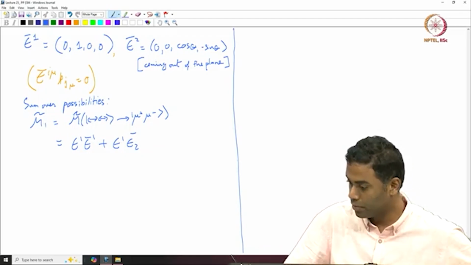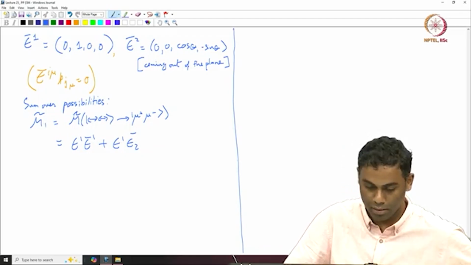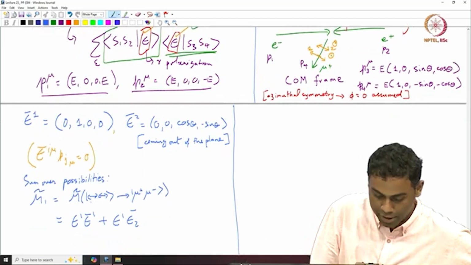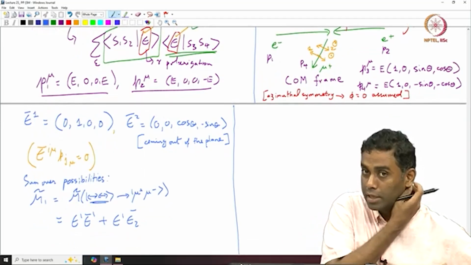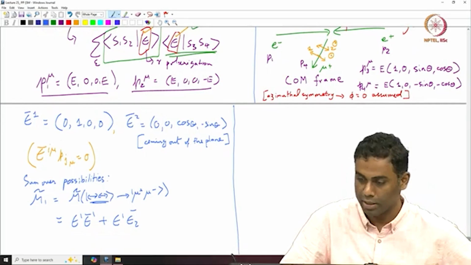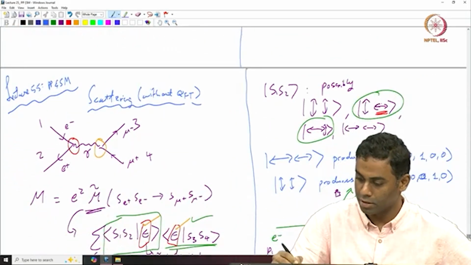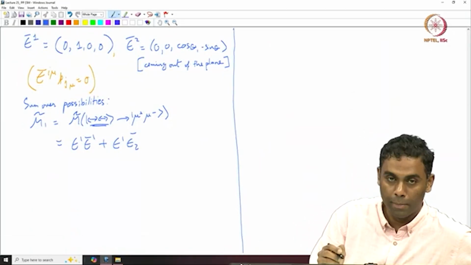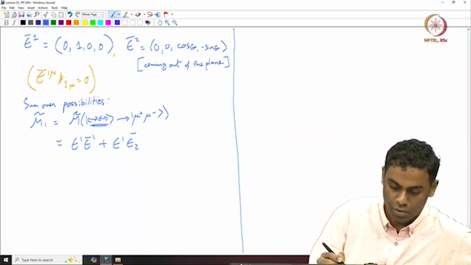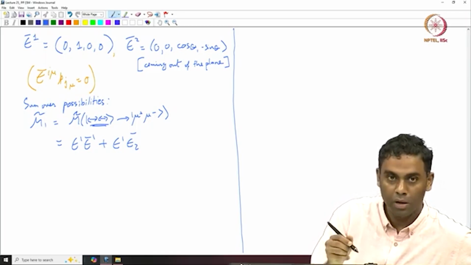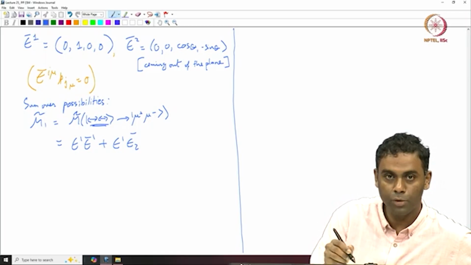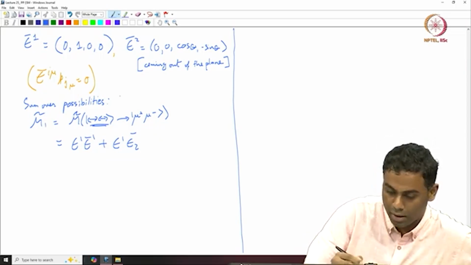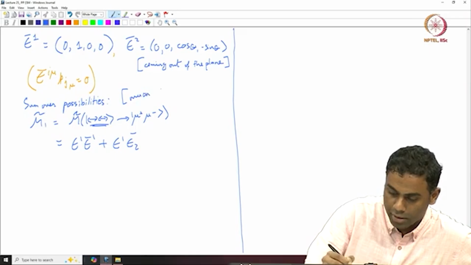So this epsilon 1 corresponds to particularly this helicity state for the electron, right? That's how we derived it up here. This is particularly what corresponds to epsilon 1, but I have to sum over all the spins that the muons can take. Okay, why? Because generically muon spins are not measured.